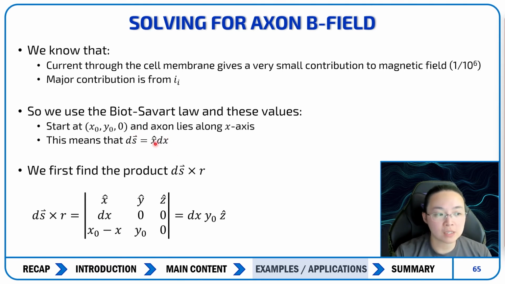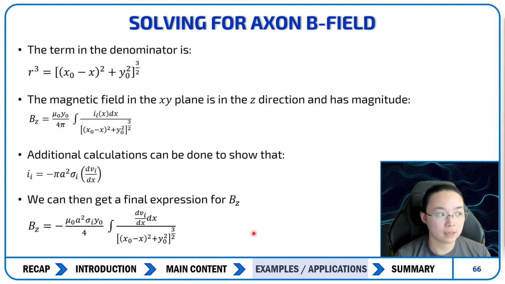So instead of using x dx, we say we have a ds for a small contributing factor of our length element. So we find the product and we get dx y naught z. And the term in the denominator is then r cubed. I haven't derived all the steps. If you're interested in this, contact me after and I can walk you through it.